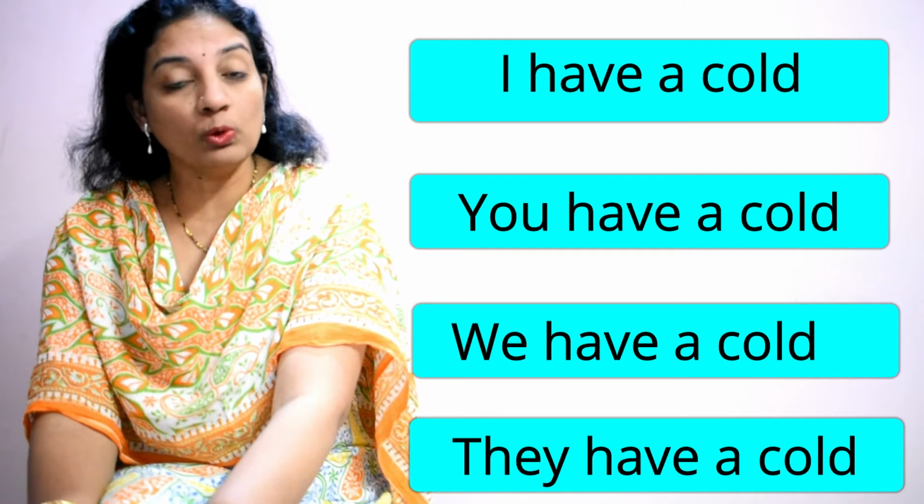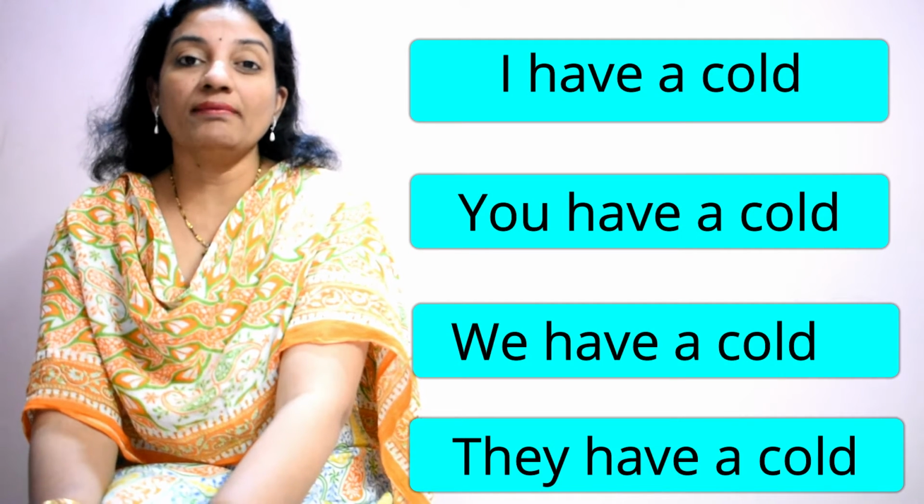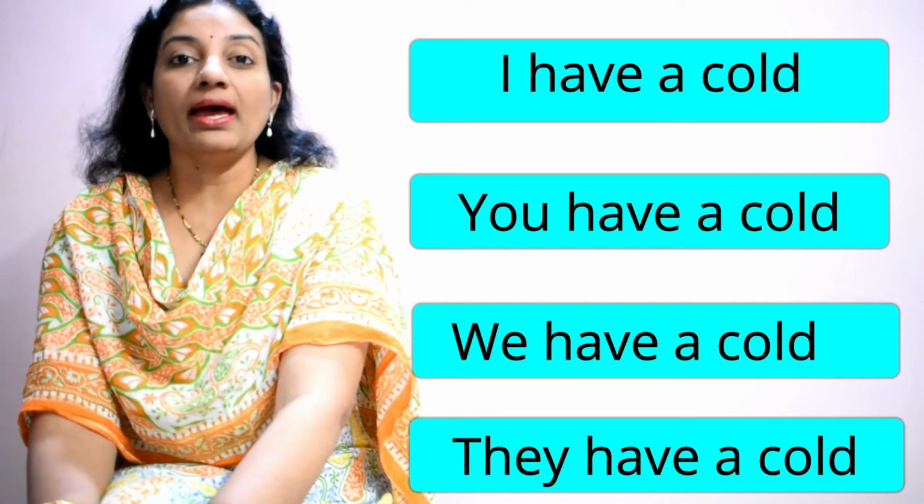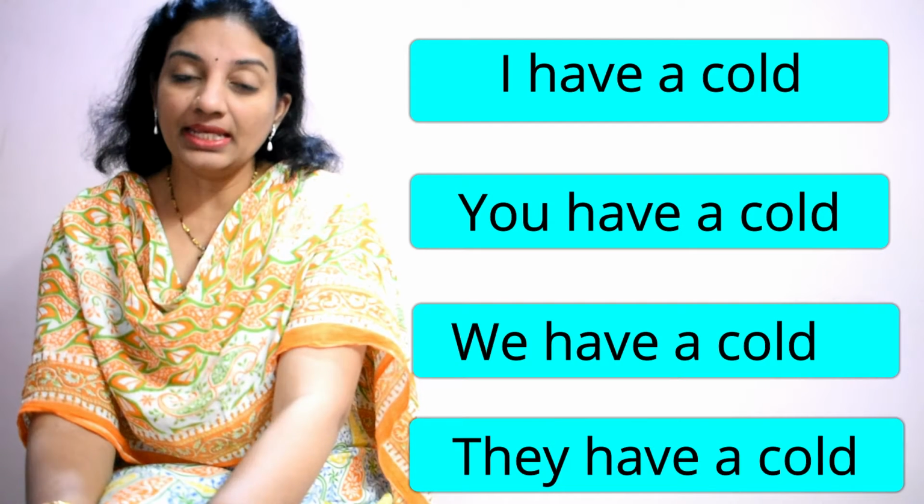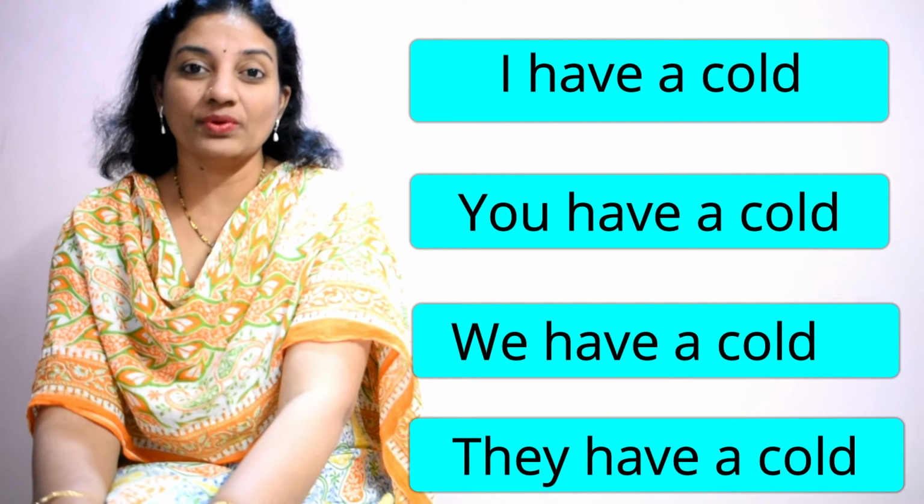I have a cold. You have a cold. We have a cold and they have a cold. Okay? Do you observe the changes? Has, he, she, it; have, I, you, we and they.